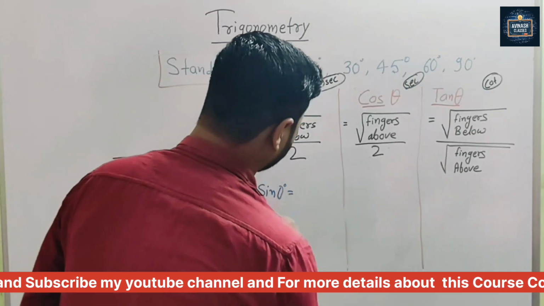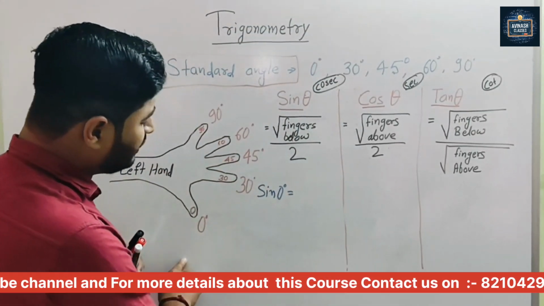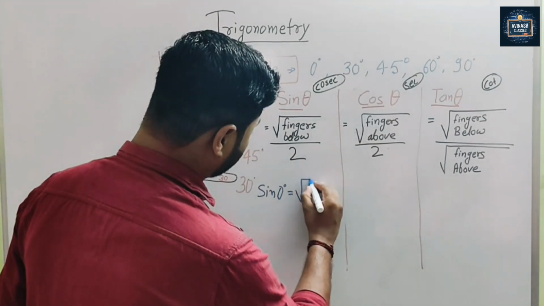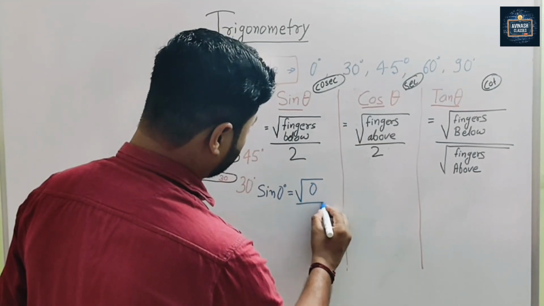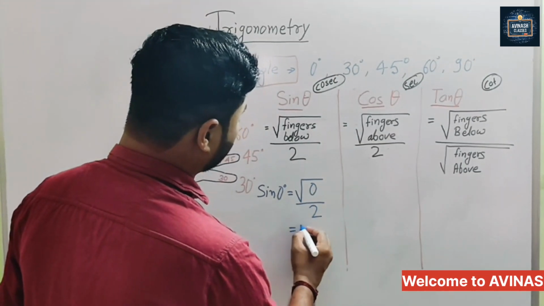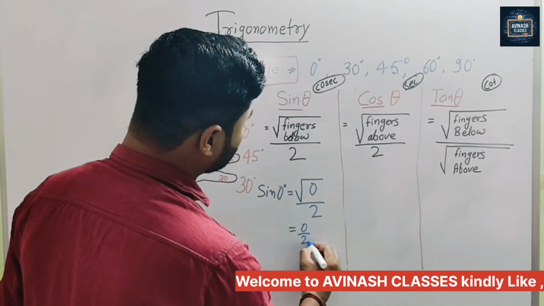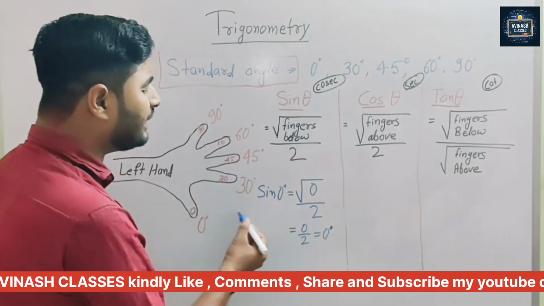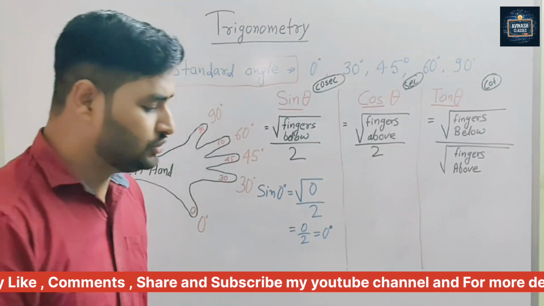We are finding the value of sine 0 degree. Below 0 degree there is no angle, no finger. So we write root under 0 divided by 2, and that comes to 0 by 2. So our answer is 0. Remember, sine 0 is going to be 0 only.